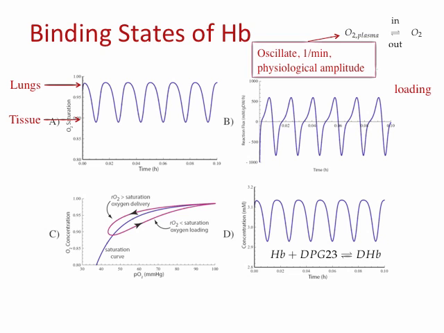We can calculate the input and output of oxygen and see that it is positive when you're loading the red cell with oxygen, and it's negative when you're unloading it in tissues. So we can calculate the inputs and outputs there. We can, of course, integrate this over time to give us the net transport of oxygen into tissues.